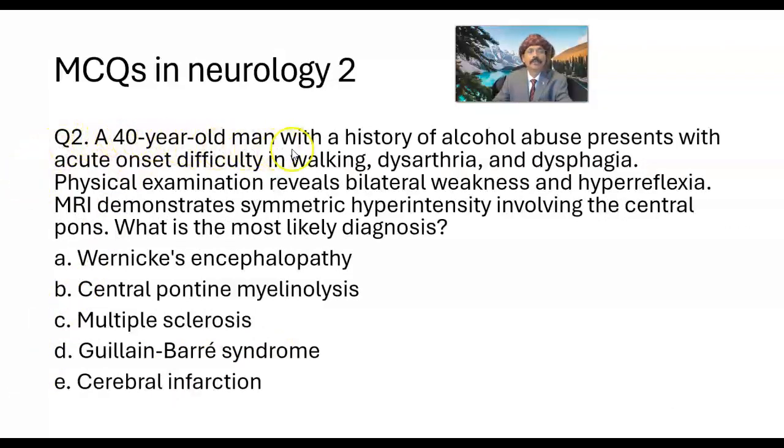A 40-year-old man with a history of alcohol abuse presents with acute onset of difficulty in walking, dysarthria and dysphagia. Physical examination reveals bilateral weakness and hyperreflexia. MRI demonstrates symmetric hyperintensity involving the central pons.